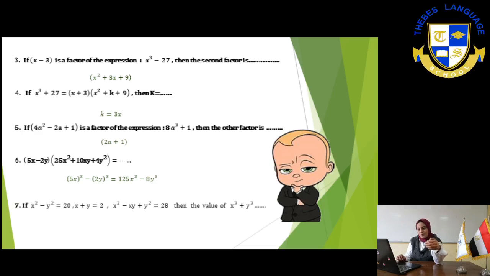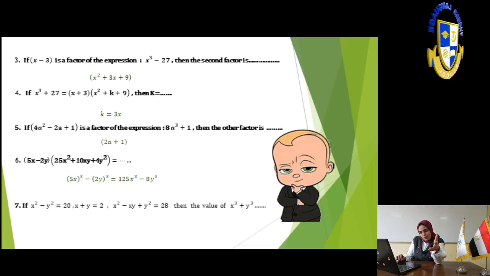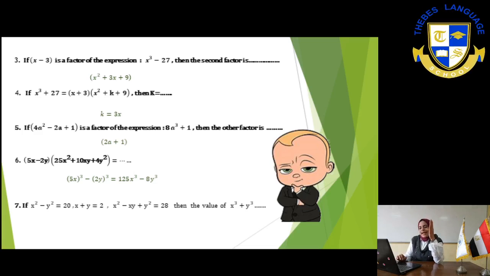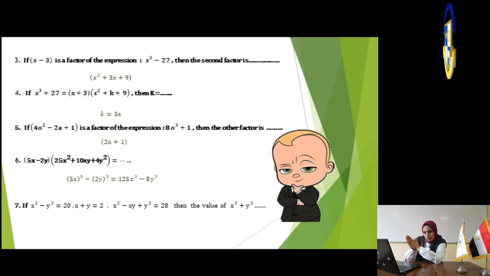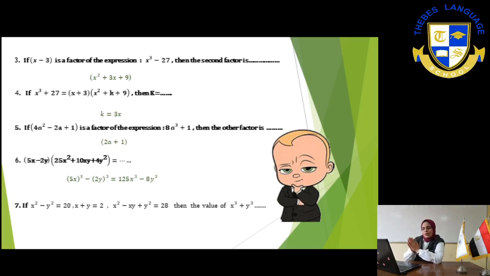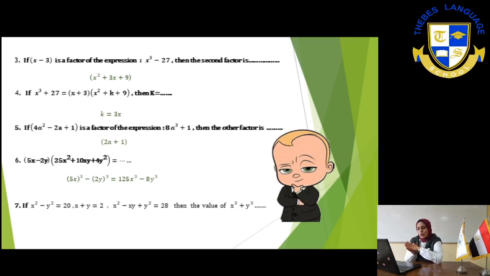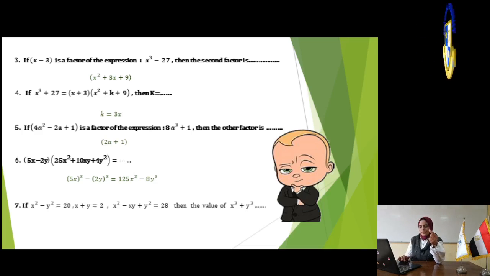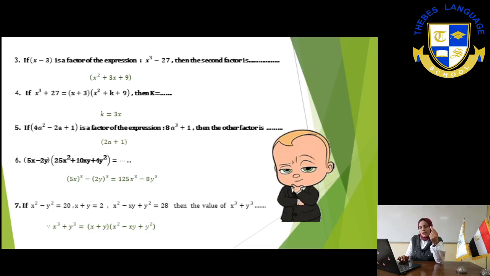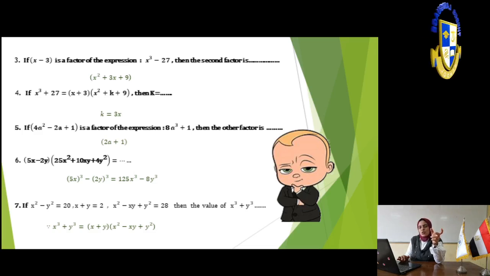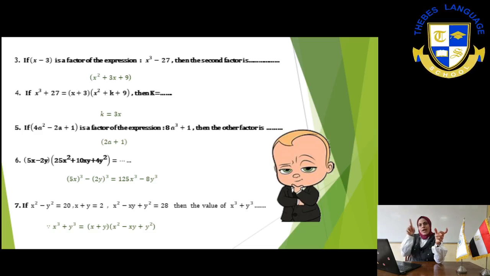Number 7, x to the power 2 minus y to the power 2 equals 20. x plus y equals 2. So x power 2 minus xy plus y power 2 equals 25. So I need to know x power 3 plus y to the power 3. At the beginning, x power 2 minus y power 2 will be factorized into x plus y and x minus y.